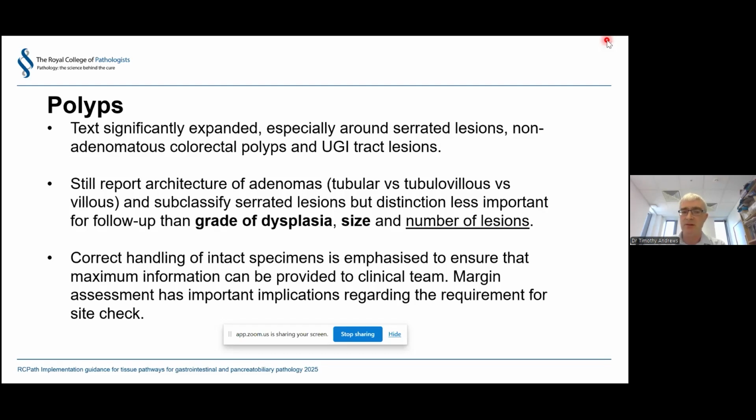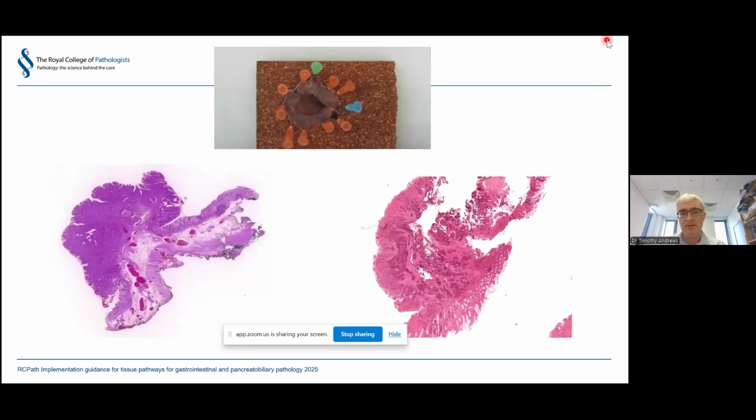Also, the correct handling of intact specimens is emphasised to ensure that maximum information can be provided to the clinical team. This is just a rather extreme example. Here we have a nicely pinned out TAMIS specimen. This is what we would hope to end up with: all the layers of the bowel wall clearly visible, nicely inked margins.